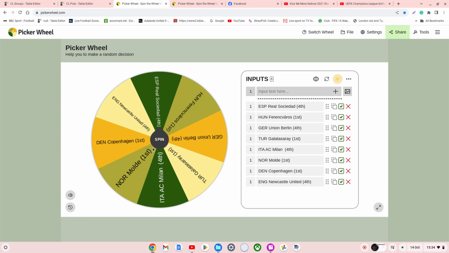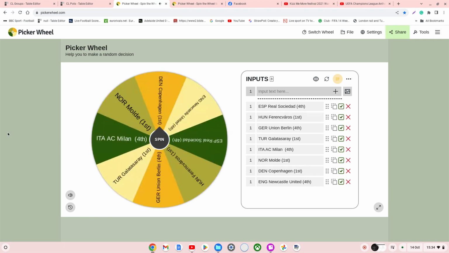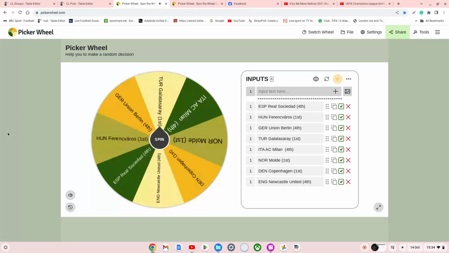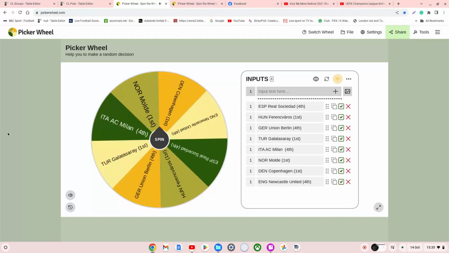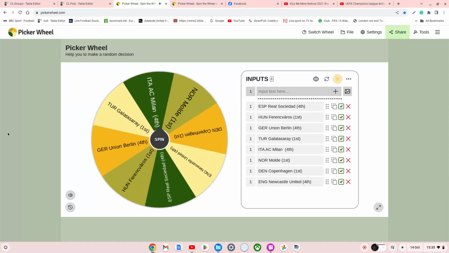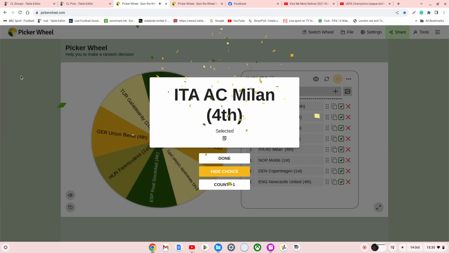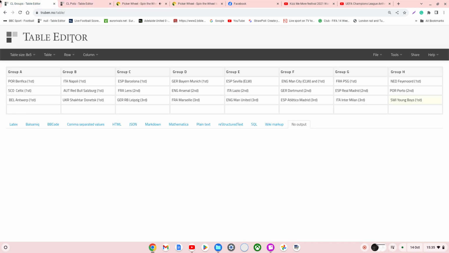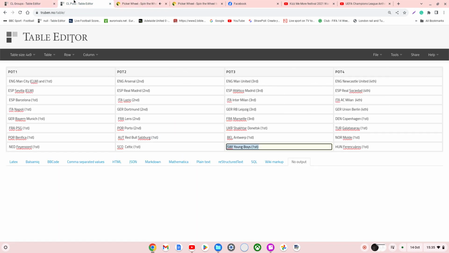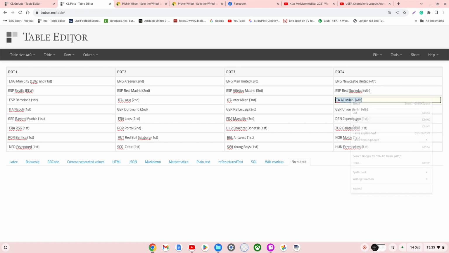And let's go. Who is it going to be? AC Milan from Italy. AC Milan. Where are AC Milan? AC Milan from Italy.